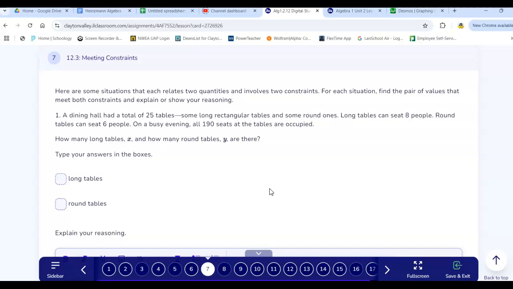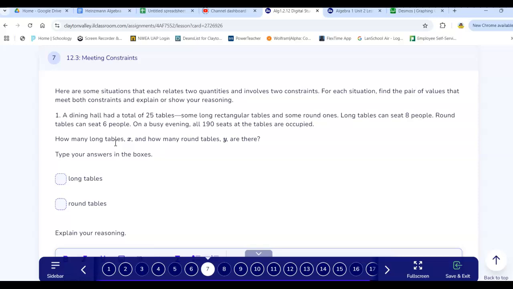So now they're going to tell you that a dining hall has so many tables. Some are long and rectangular and some are round. Long tables can seat a certain amount of people and round tables can seat a certain amount of people. And on a particular evening, all 190 seats are occupied.